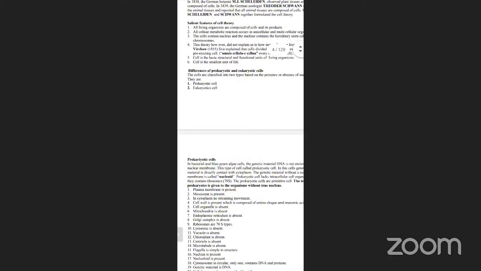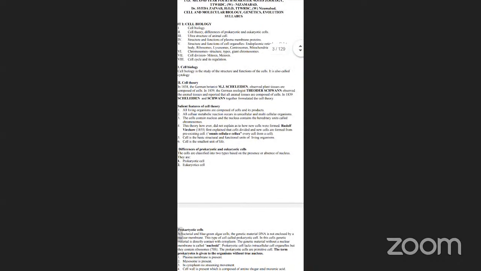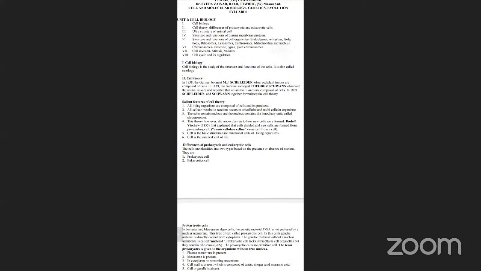So see here, what is the cell? Cell biology is the study of the structure and function of the cell, also called cytology. Scientists have found many different sizes and shapes in the cell, and then functions.